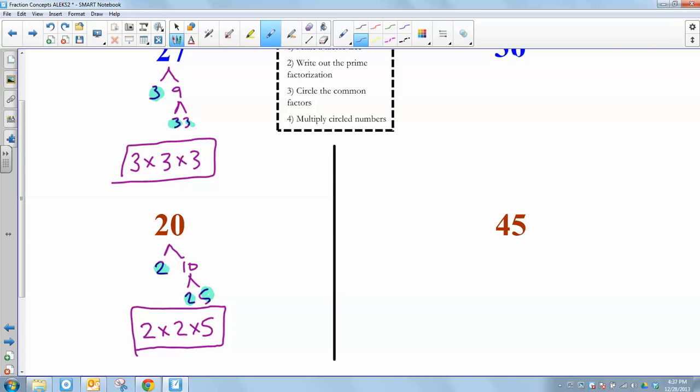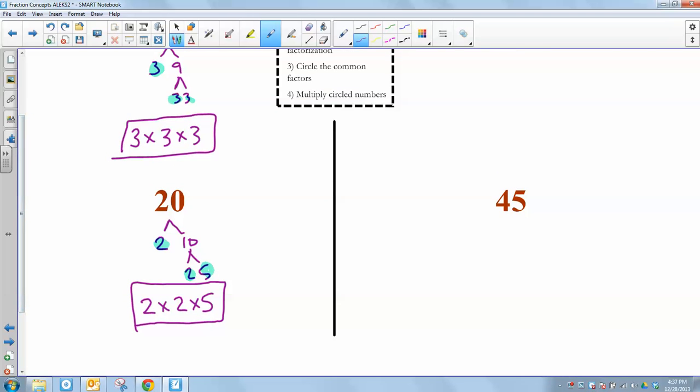So do I have any numbers that are in common here? I have no factors that are in common, so my greatest common factor is actually going to be 1, because I have no numbers that are in common here.